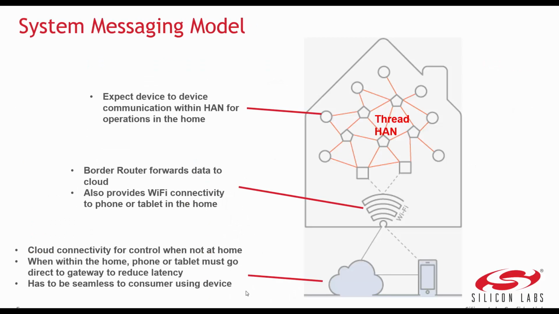Communication in Thread can be between embedded devices in the same HAN, or inbound or outbound between those HAN devices and another connected device within the home's wide area network, like a smartphone tethered to the local Wi-Fi access point, or on the global internet, like a server farm in a cloud network.